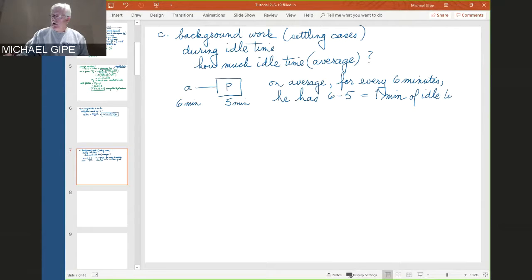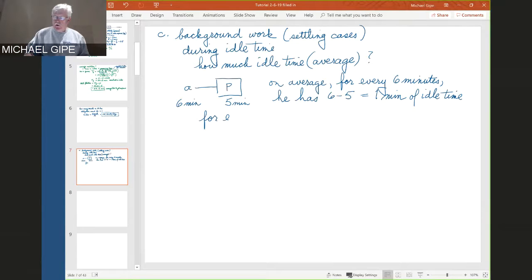So you can see if you, for a moment, ignore the variability, if an email comes in every 6 minutes and he takes 5 minutes to process it, when he's done, he's got an extra minute of time to twiddle his thumbs or work on background work. And then again, we're going to have to just convert units or look at overall time.